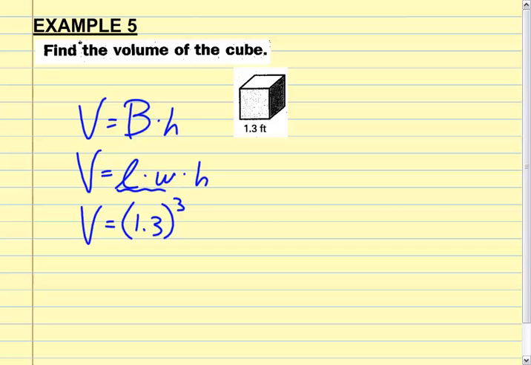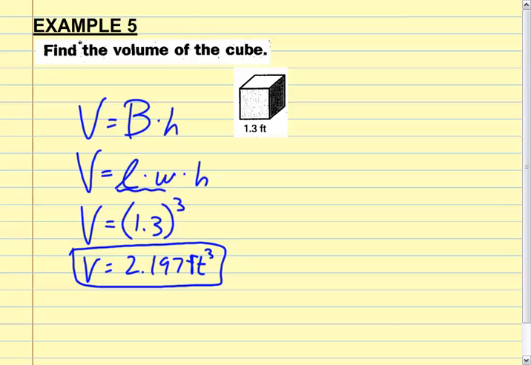And what is 1.3 cubed? 2.197. Is that it? Yeah, 2.197 feet cubed. Good job. Nice. Everybody ready? Alright, let's do some. Good. Get started.